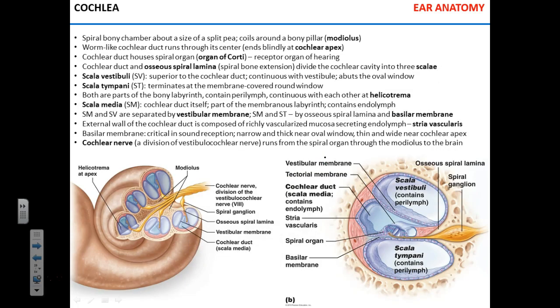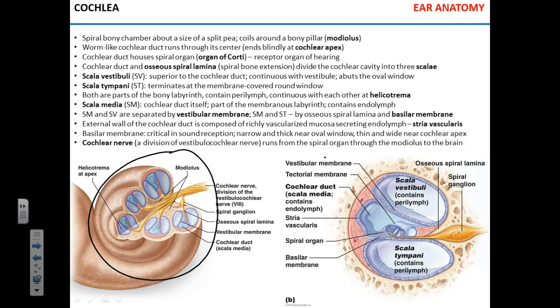Now, anatomy heavy part. Structure of the cochlea. As I mentioned before, the cochlea is the spiral shaped part of the inner ear that you can see right here. It's the bony labyrinth, spiral bony labyrinth. Okay? Rather small. It's said to be the size of a split pea.